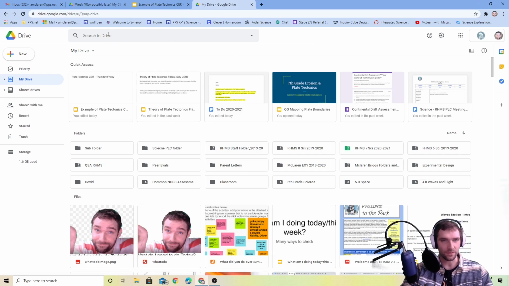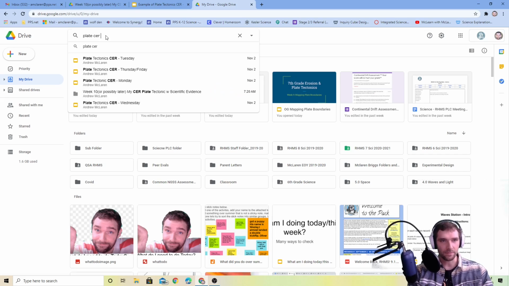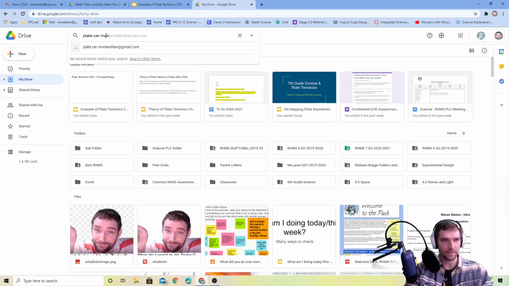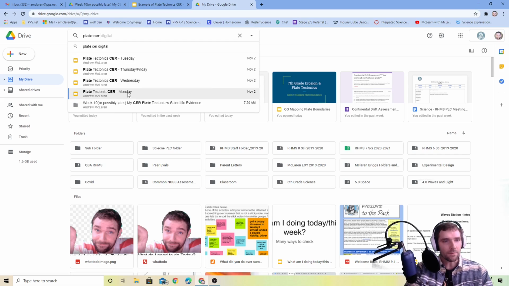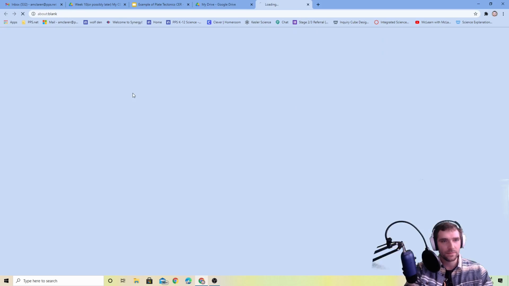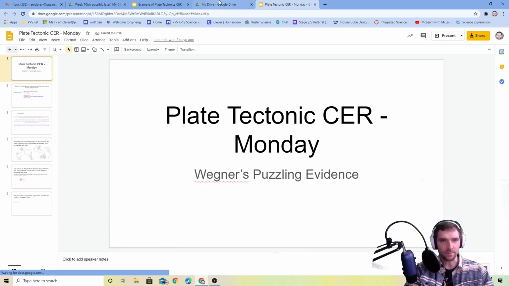I might be able to link those somewhere. But if you look in the search bar here, you can search plate CER, and then I'm going to want Monday, I think. Yeah, plate CER Monday, it's right there. Okay, so I got the plate tectonic CER Monday.